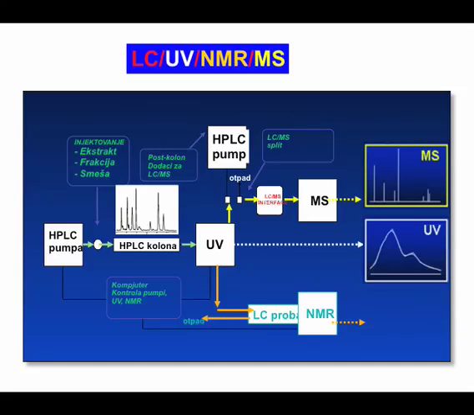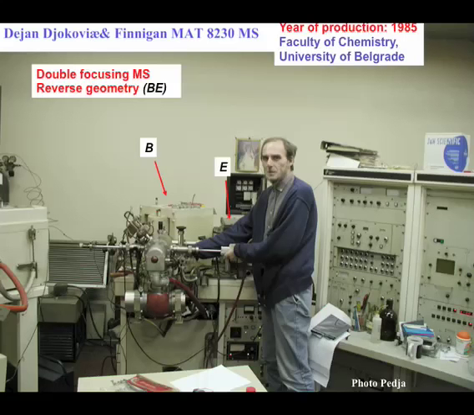We always have a UV spectrum when we have an HPLC device. We have an MS spectrum, and in the end we have an NMR spectrum, and in such a way we can compose a structure.